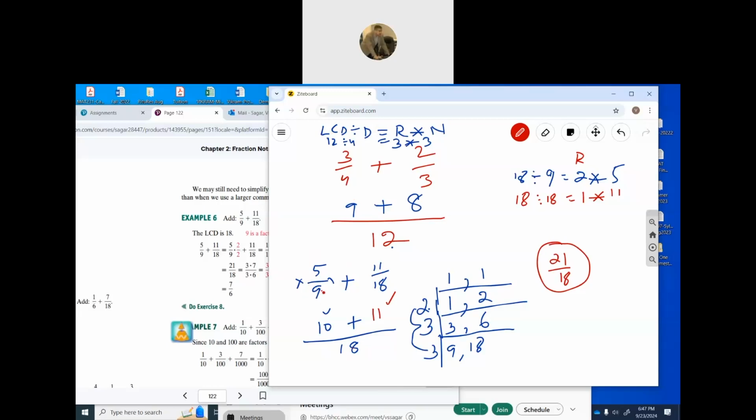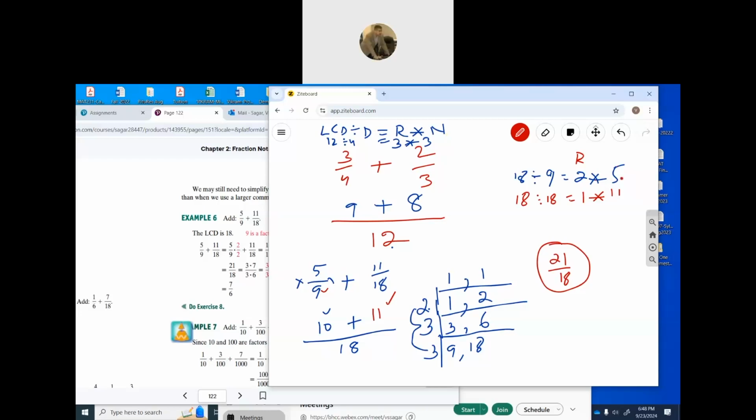So 18 divided by 9, which is what? Okay, denominator is right here, right? 2. Okay, write down like this. So 2, this is 2 is my R now, which is my result, right? Multiply by n is what? Numerator, right? Numerator right here, 5.